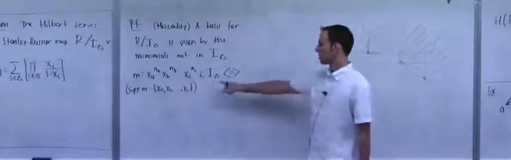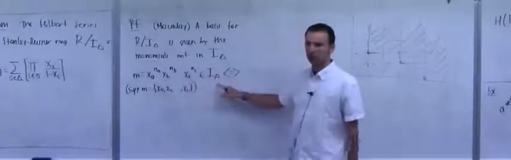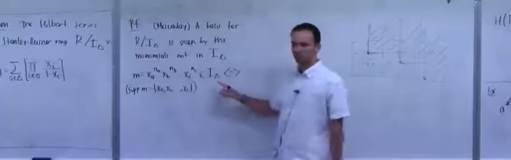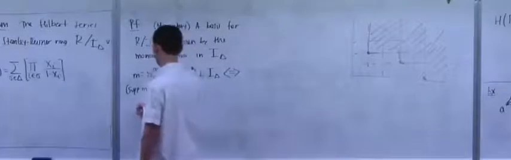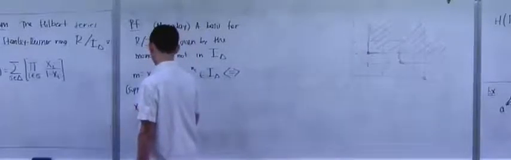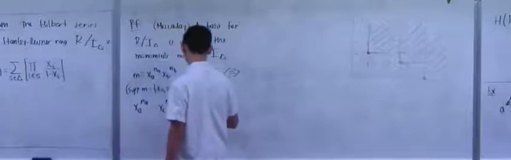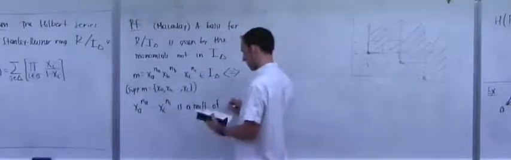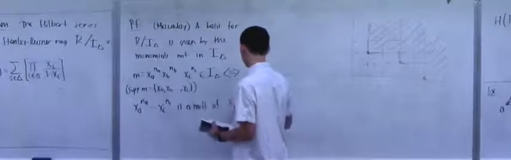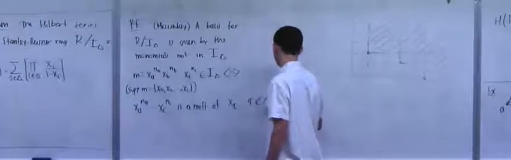Well, this is a monomial ideal, and so a monomial is in a monomial ideal if and only if it is a multiple of one of the generators. So x_a^{n_a} up to x_c^{n_c} should be a multiple of one of the generators, which looks like this: x sub tau, where tau is not in delta.